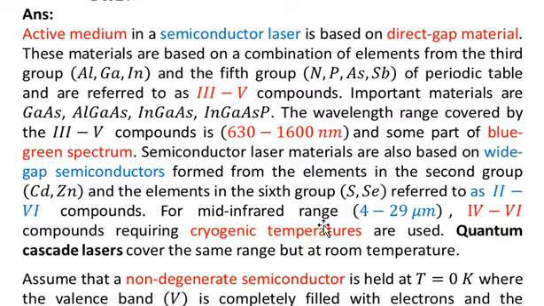For the mid-infrared range from 4 to 29 micron, IV-VI compounds requiring cryogenic temperatures are used. Quantum cascade lasers cover the same range but at room temperature.